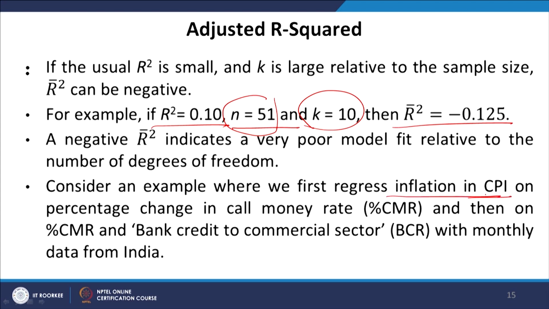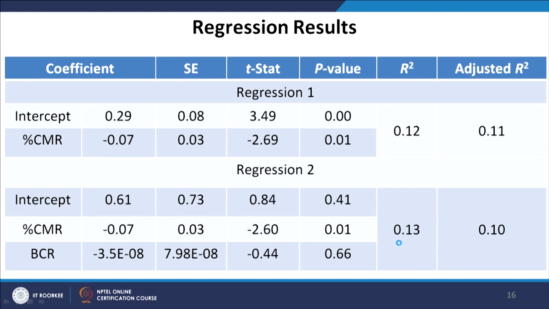First we do the regression with one independent variable, which is percentage change in call money rate, percent CMR, and in the second step we do the analysis with two independent variables. One is again percent CMR and the other one is bank credit to commercial sector, or BCR, and now we check the results. We focus on the R square and adjusted R square values.